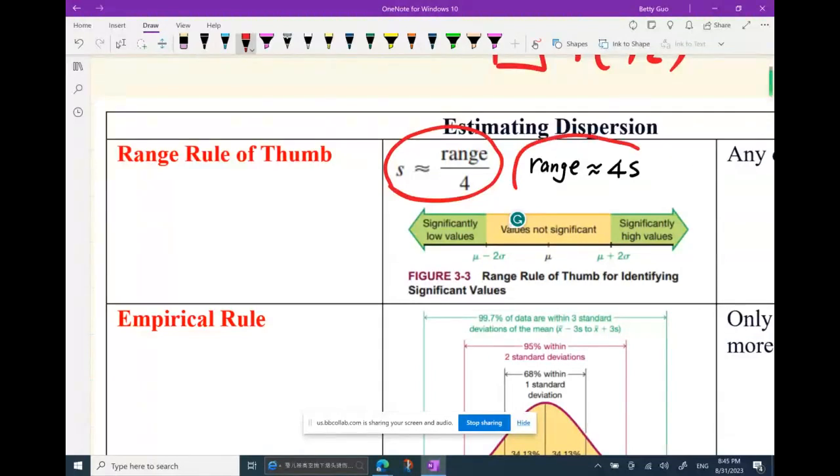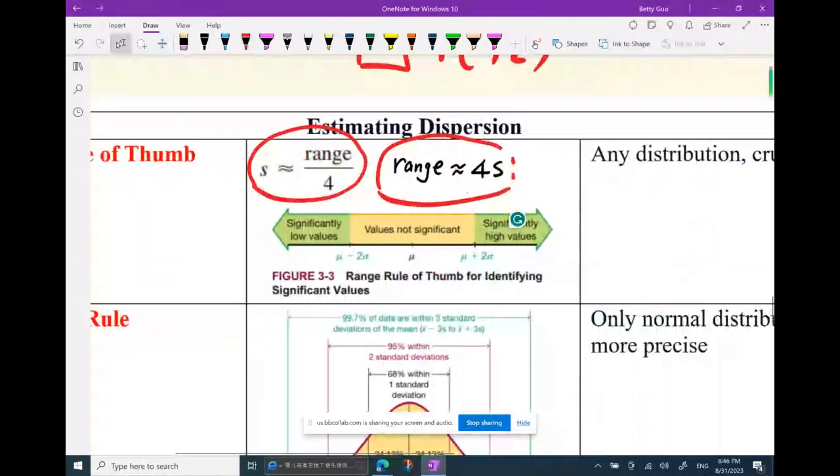If we know the standard deviation, we multiply by 4, then we know the approximation of the range. So we know the variation, right? Basically the range is around 4 times the standard deviation. That's the second thing we can do by using the range rule of thumb. The third thing we use the range rule of thumb for is to decide a specific value.